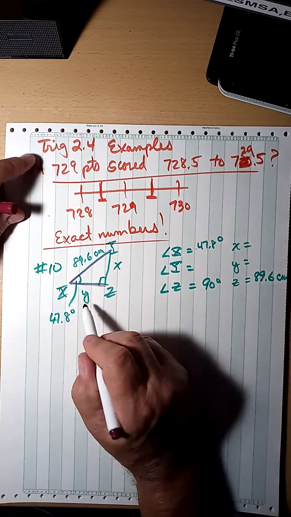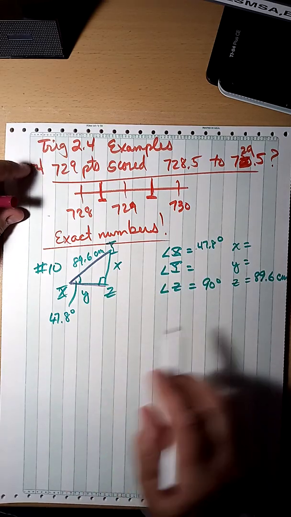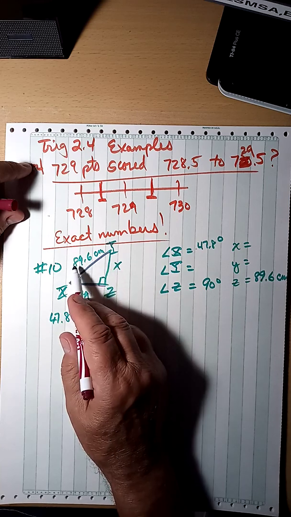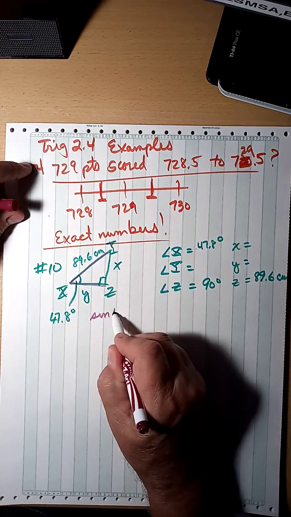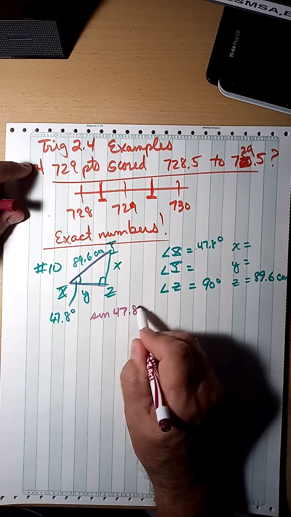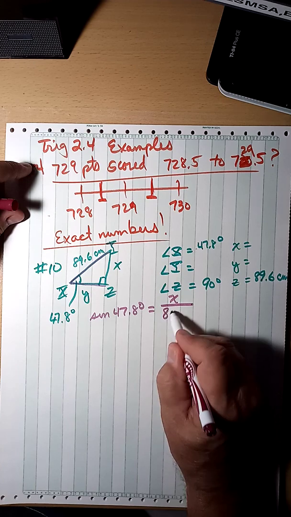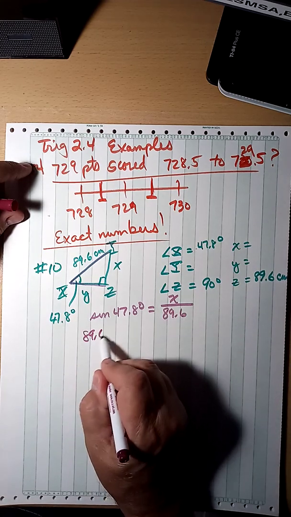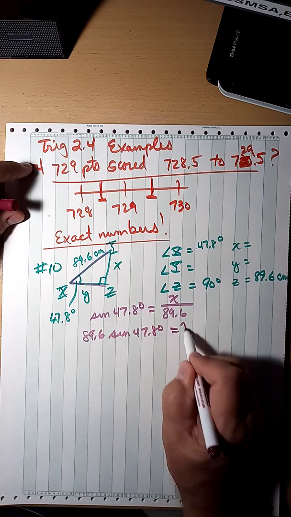We need the opposite and the adjacent. We can use the trig function. We know that the opposite over the hypotenuse is the sine of this angle. So the sine of 47.8 degrees is the opposite x over the hypotenuse, 89.6. So 89.6 times the sine of 47.8 degrees is x.